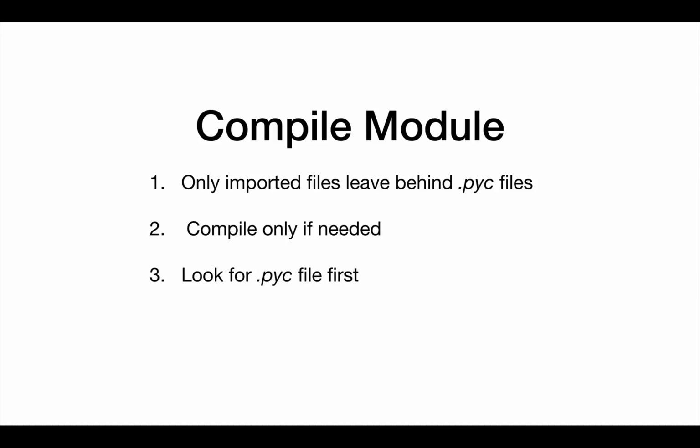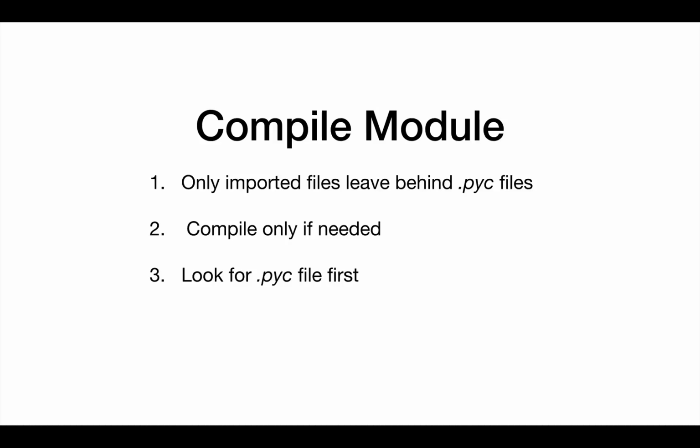So if your bytecode is older than your actual source code, then Python will compile it again. If there's no bytecode existing in your search path, then Python will compile your source code and convert it into bytecode. That's why we said it compiles only if it's needed.